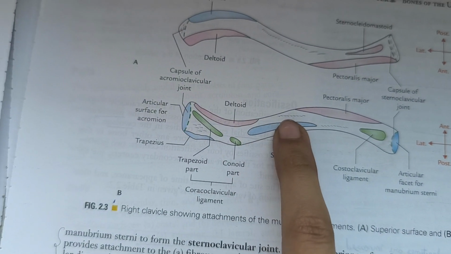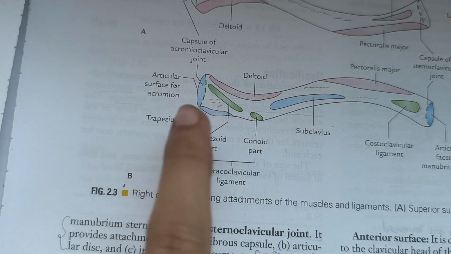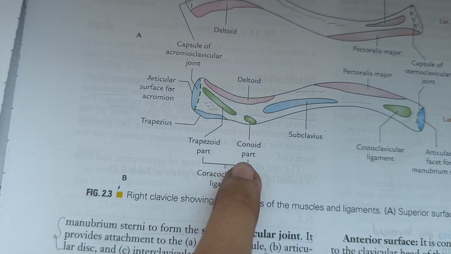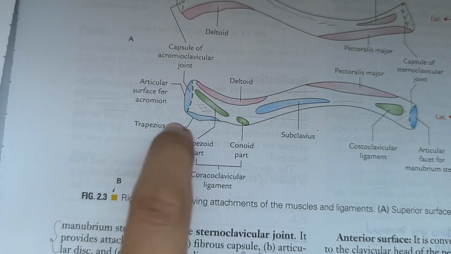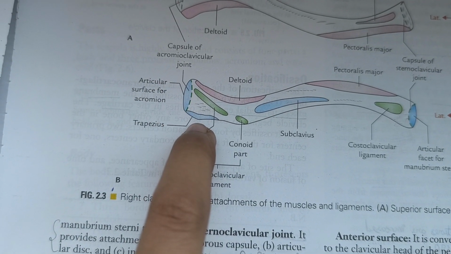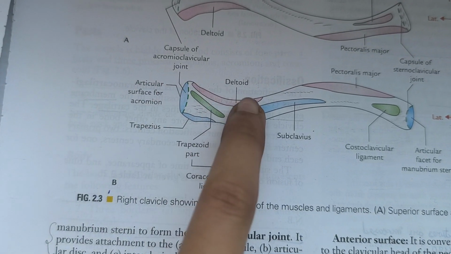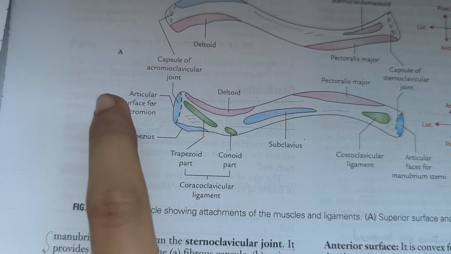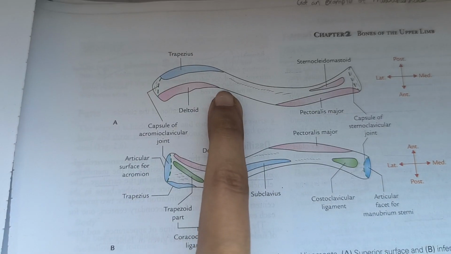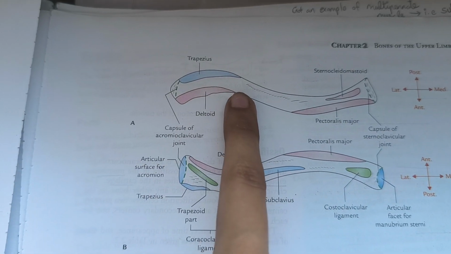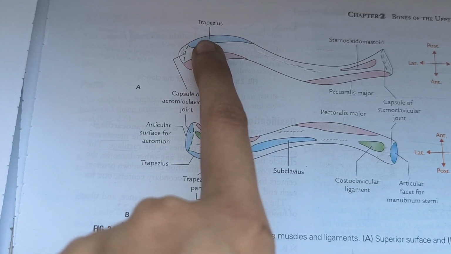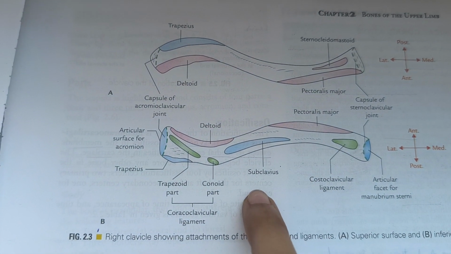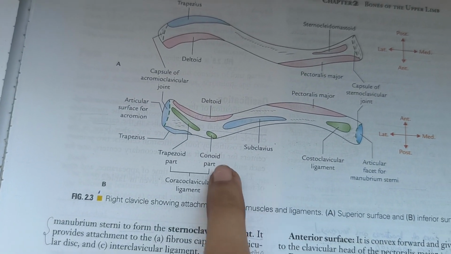So in the subclavian groove, in the conoid tubercle there is conoid part and trapezoid part of coracoclavicular ligament. Insertion of trapezius, origin of deltoid. So note that all the origins are colored red and insertions are colored blue, and green refers to ligament. This is the generalized rule.